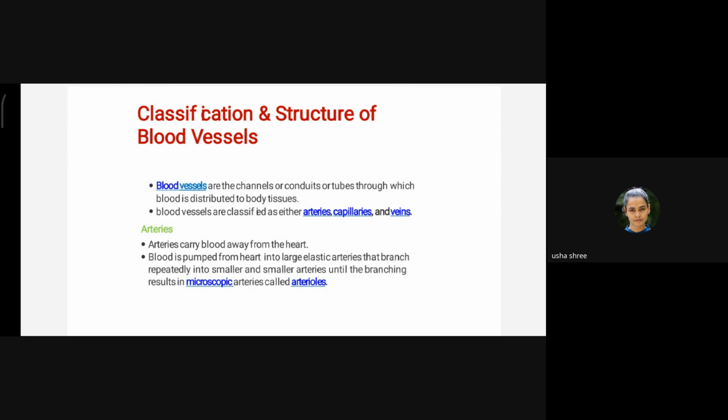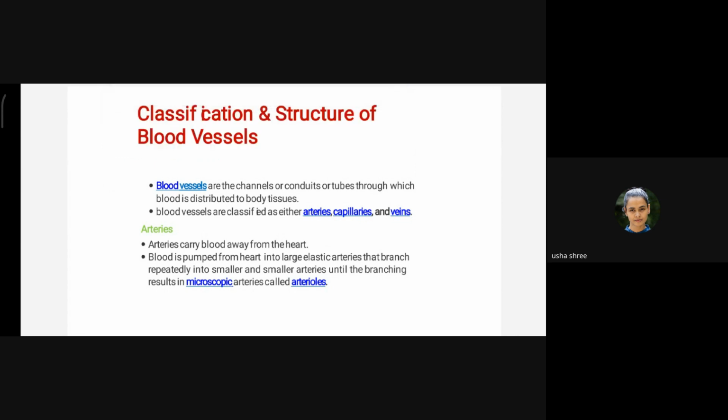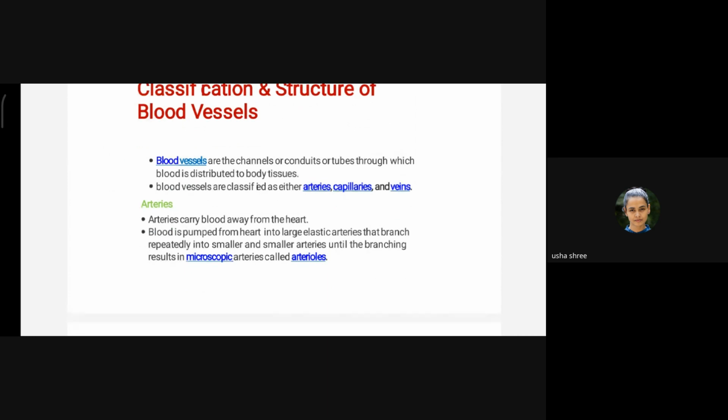And that is why pulmonary artery contains deoxygenated blood. Why is it known as artery? Because although it contains deoxygenated blood, it is carrying blood away from heart to lungs. That is why artery.